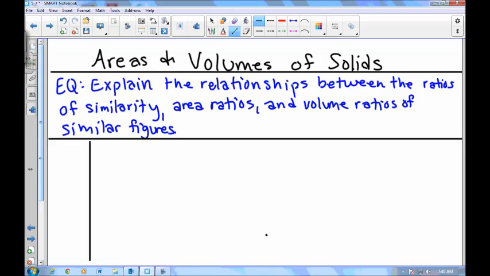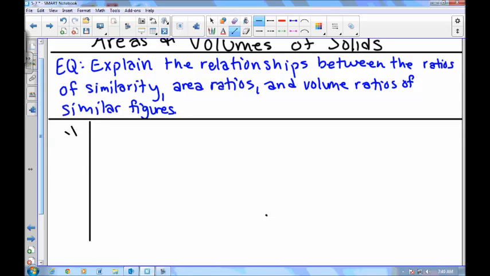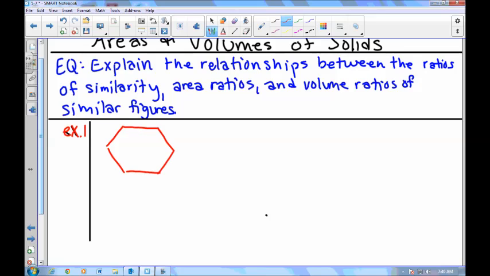Okay, so, for example, 1. We're going to try to make this a regular hexagon, which means all sides are congruent. Close. So when you draw yours, try to make all sides congruent for the regular hexagon.